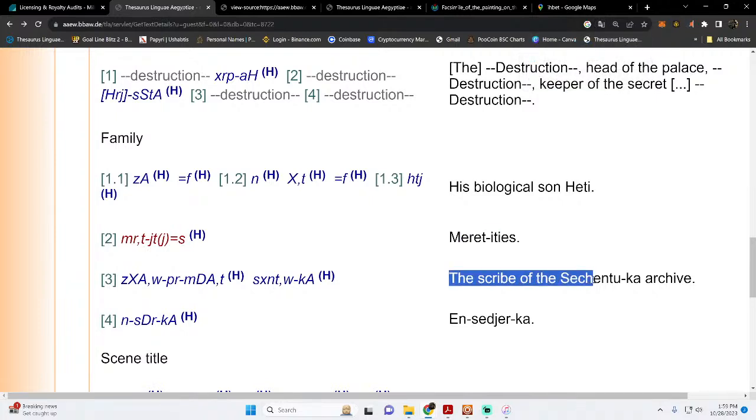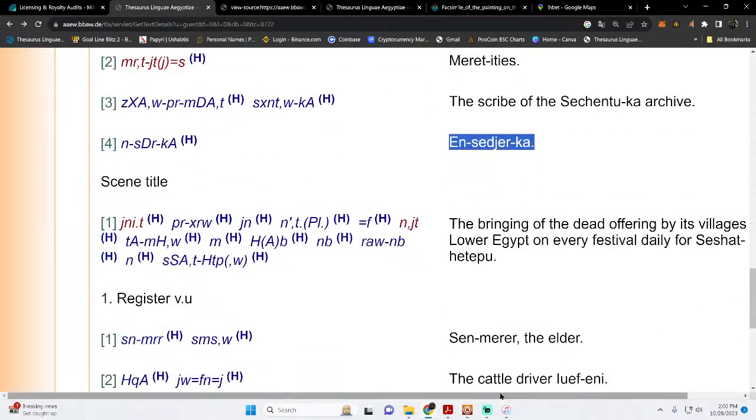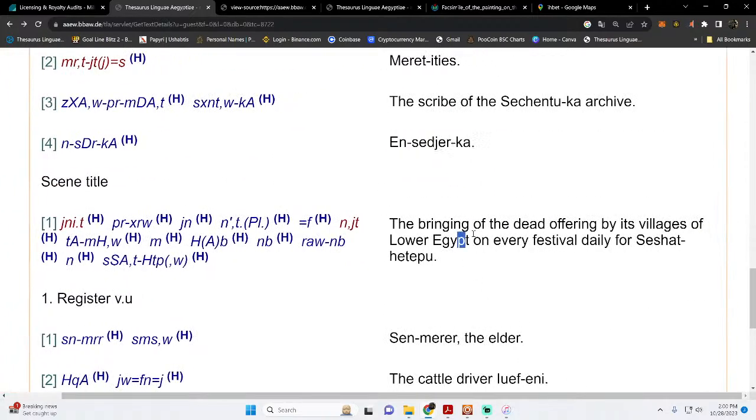The scribe of the archives, that person. Okay, now let's see who else is mentioned here. The bringer of the dead offering by the villagers of Lower Egypt on every festival day for Sheshet Hetu, Sin Mer the elder. Okay.